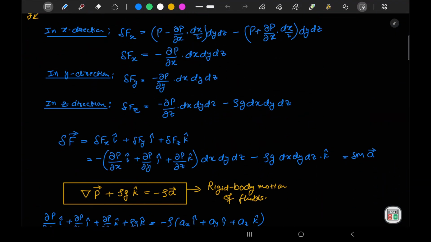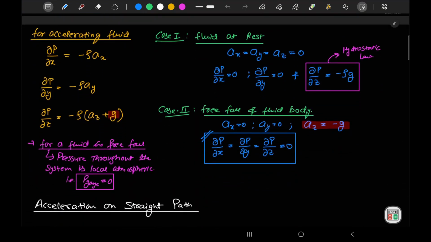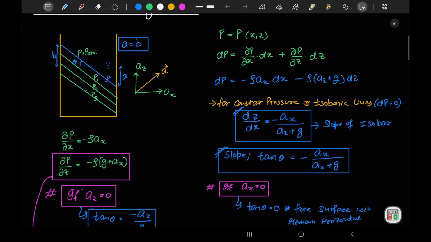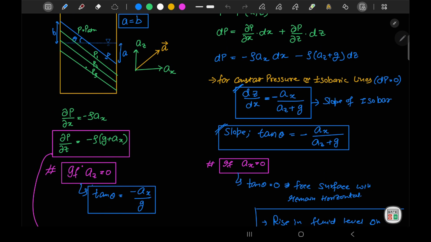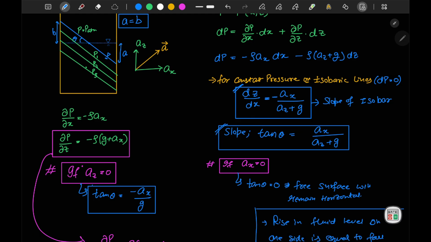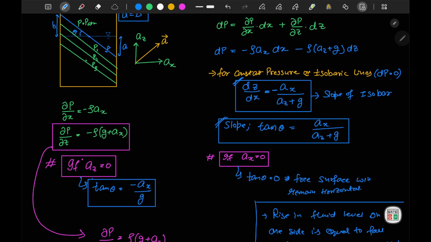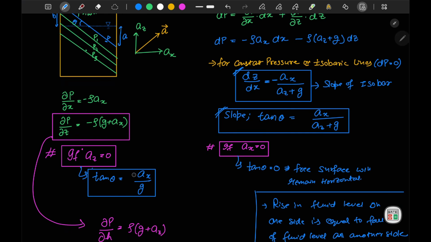Here dz by dx is equal to the slope, and theta is this, so tan theta will be ax upon az plus g, and hence tan theta here will be ax by g.